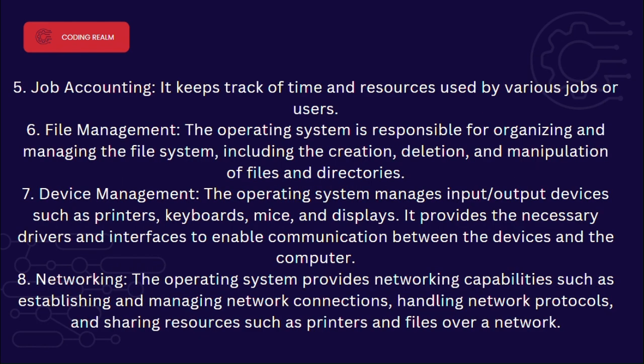Five, job accounting. It keeps track of time and resources used by the various jobs or users. Six, file management. The operating system is responsible for organizing and managing the file system, including the creation, deletion, and manipulation of files and directories.